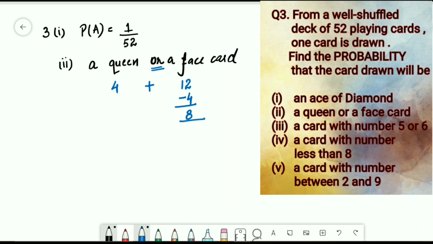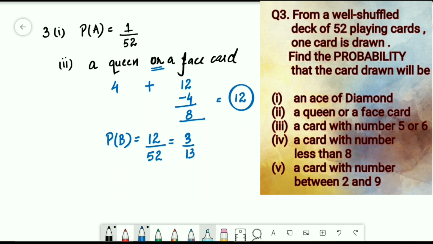So total number of cards is equals to 12. So we have 12 favorable outcomes. So the probability of this event is equals to 12 divided by 52, and we need to simplify that. So 3/13 is the final answer.